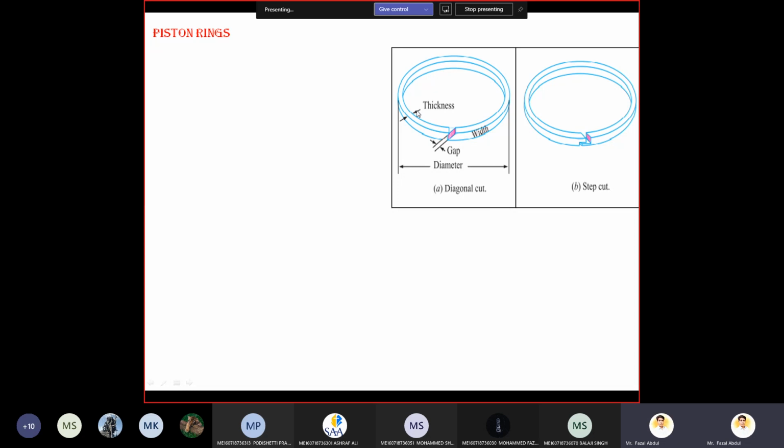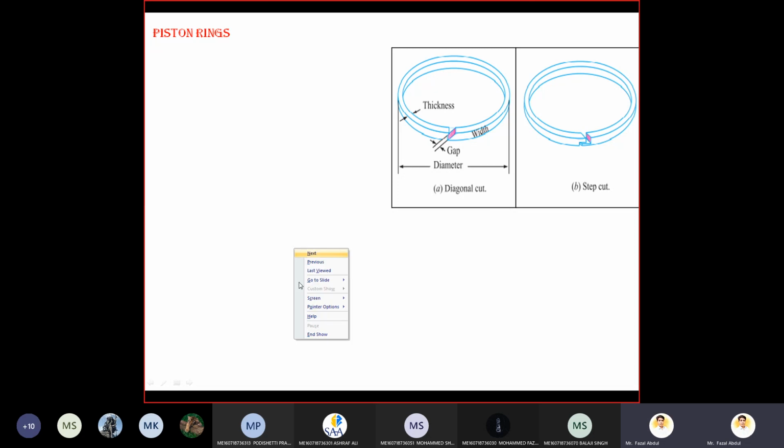see here, the piston is continuously reciprocating. Because of that, there will be friction between the cylinder walls and the piston ring, because the cylinder wall and piston ring are in contact, not the total piston. So there is a chance of heat generation. Because of the heat generated, the metal is going to expand.